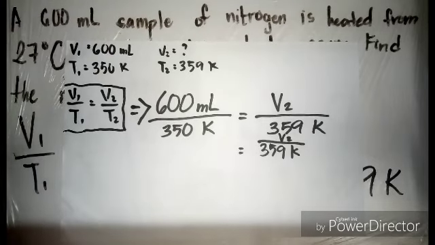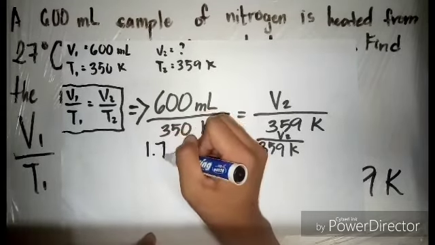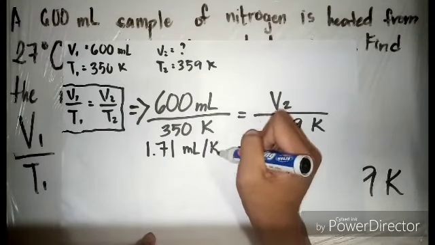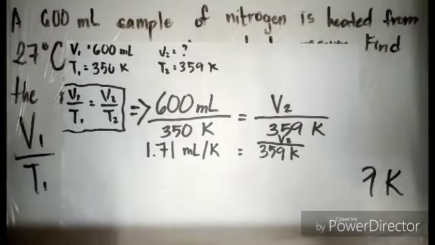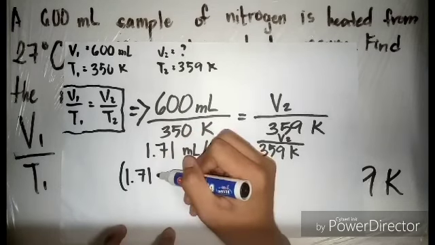600 ml divided by 300 Kelvin is 2 ml per Kelvin. After this, we will do some cross multiplication.